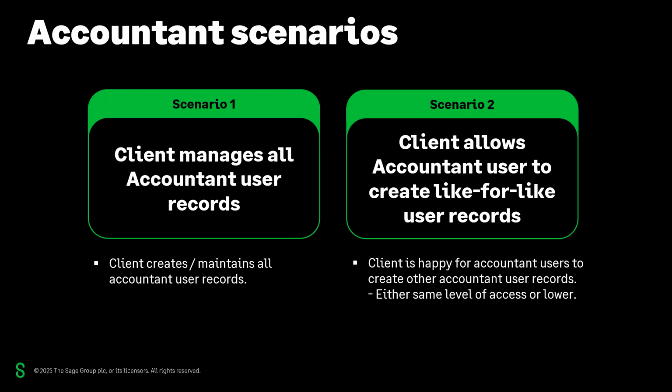So in scenario 1, the client will create and maintain all accountant user records, and you'll be set up with a specific user type, which I'm going to cover in a moment. Alternatively, scenario 2 is where you have a chat with your client and your client allows, maybe one specific accountant user, to create like-for-like user records. So they're happy for you to create other user profiles, which have either the same level of access as your current user profile or lower.